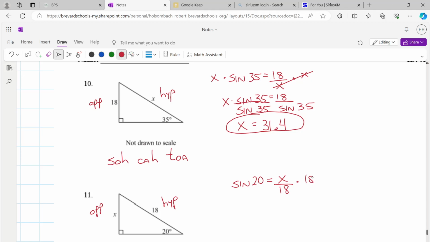Multiply both sides by 18. 18 times sine 20 is 6.2, which is equal to x. And that will complete your study guide for quiz 4.